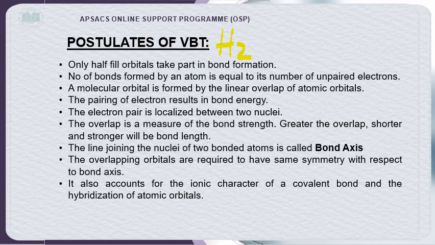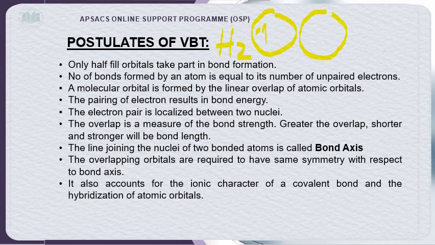Each hydrogen atom has configuration 1s1, right? First orbit, having an s orbital in it, and this s orbital is half filled. You are also familiar with the shape of the s orbital, right? It is spherical. I will say one spherical orbital of this hydrogen has one electron in it. It is considered a partially filled orbital.